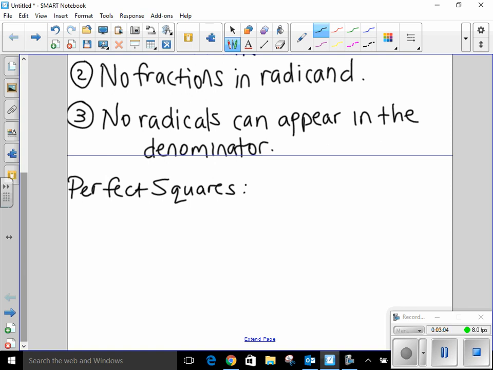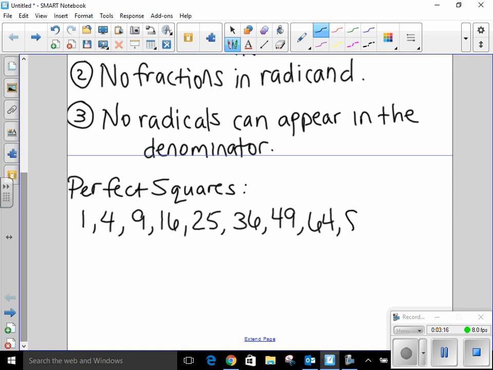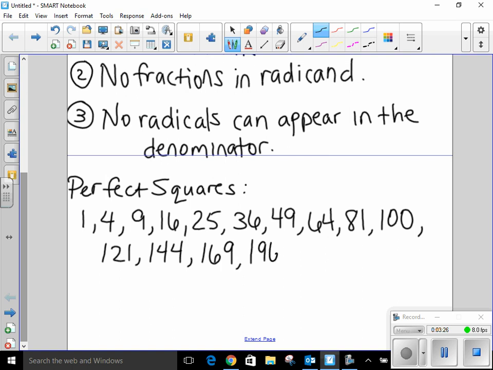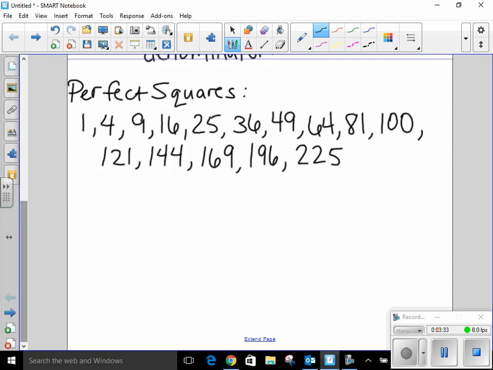So 1 is a perfect everything. 2 squared would be 4, 3 squared would be 9, then 16, 25, 36, 49, 64, 81, 100, 121, 144, 169, 196, and 225. The list does keep going, but usually the first 15 is what you need because everything can be broken down using one of these 15 numbers. If you need more, you can always explore for more.